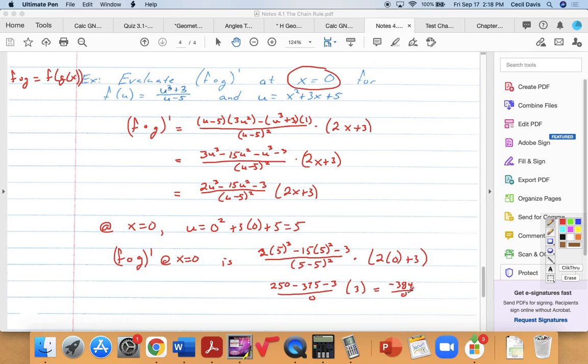And since it's over 0, it really doesn't matter. It's undefined. We'll assume that I did any other arithmetic right, but it doesn't really matter because it ends up being undefined. Any questions about that? It looks horrible, but it's not all that bad, really. Okay? All right.